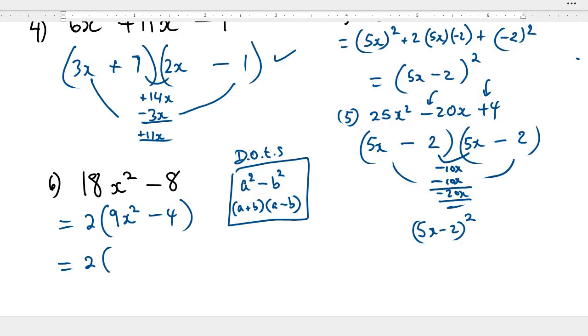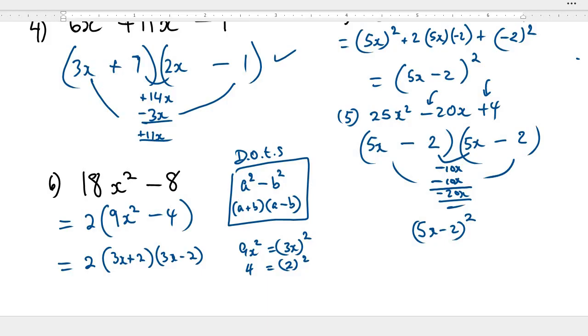It's actually, if you look at it, 9x squared can be written as what? 3x all squared. And the 4 can be written as 2 to be squared. So what we really have is 3x plus 2, then 3x minus 2.